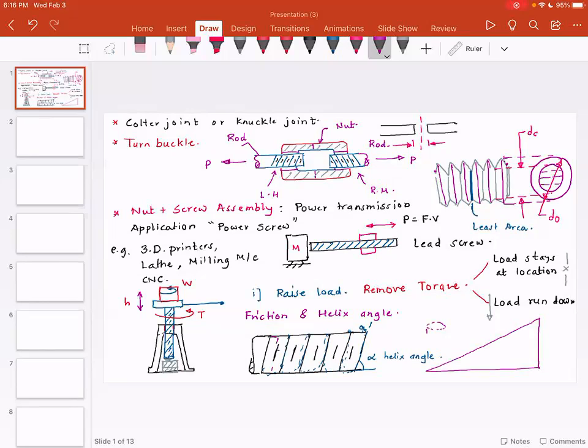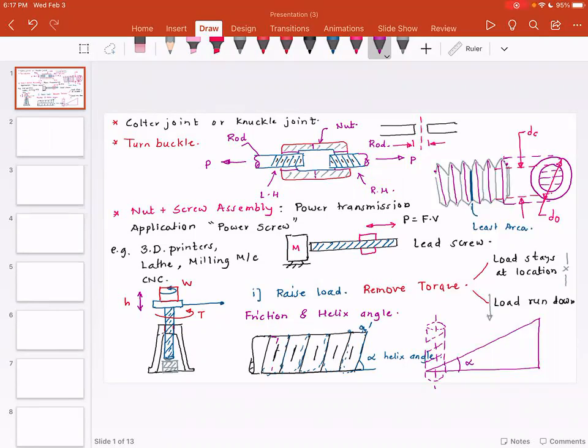Consider that you have a cylinder. Just imagine that you have a cylinder and try to wrap this triangle around this cylinder. You will realize the point that is traced on this cylinder is going to be at an angle which will be the same angle as the helix angle alpha.